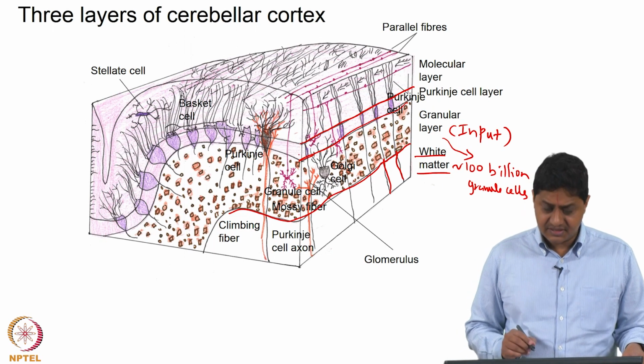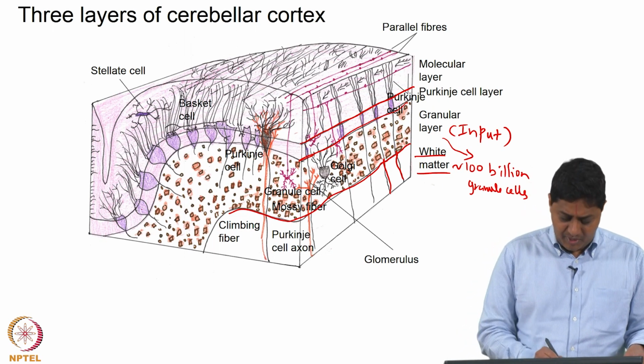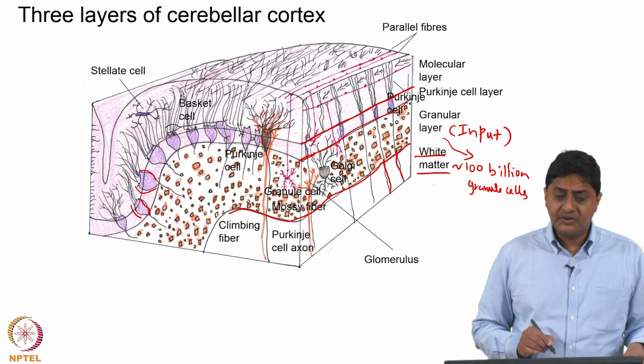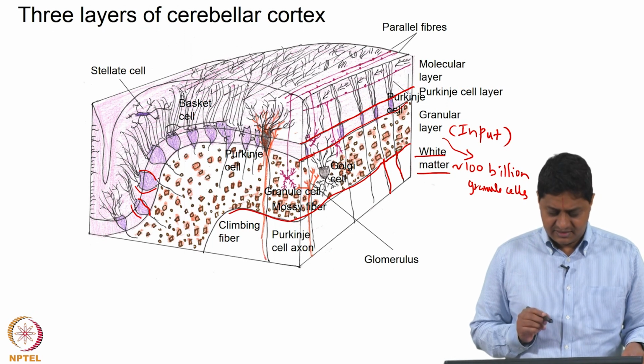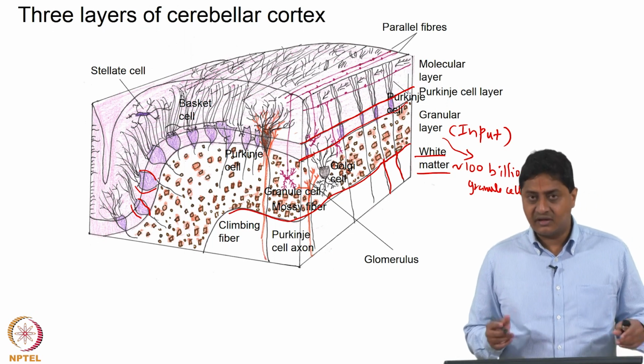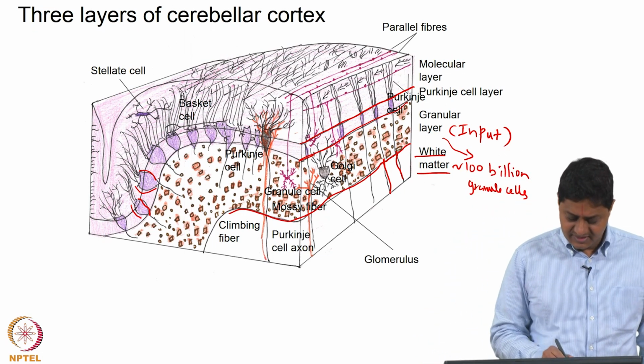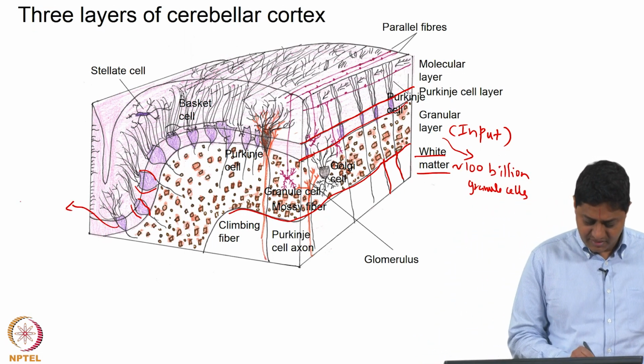It contains cell bodies, shown in purple here, of unique and distinct cells that are specific to the cerebellum. These cells are called Purkinje cells.